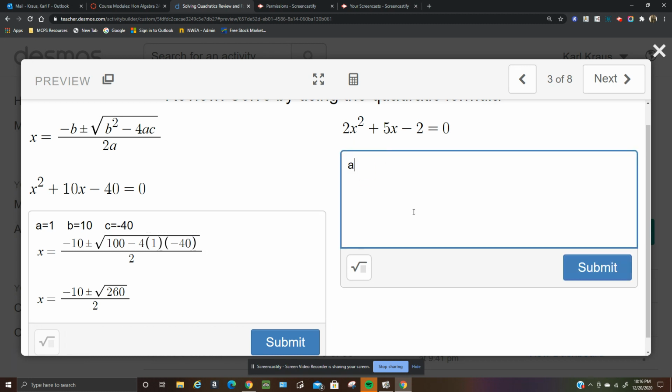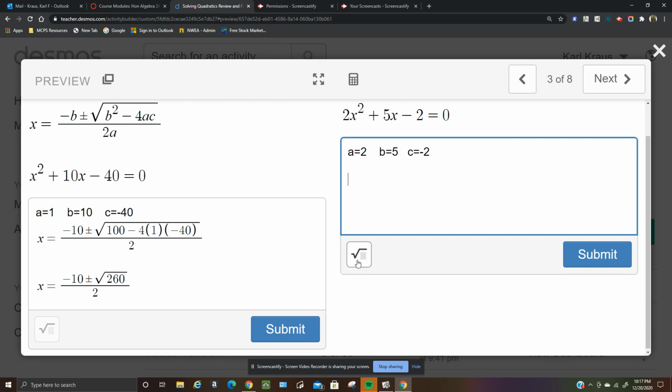Second one, a is 2, b is 5. Plug it into the quadratic formula. So negative 5 plus or minus the square root of 5 squared, which is 25, minus 4 times 2 times negative 2, divided by 2 times 2, which is 4.